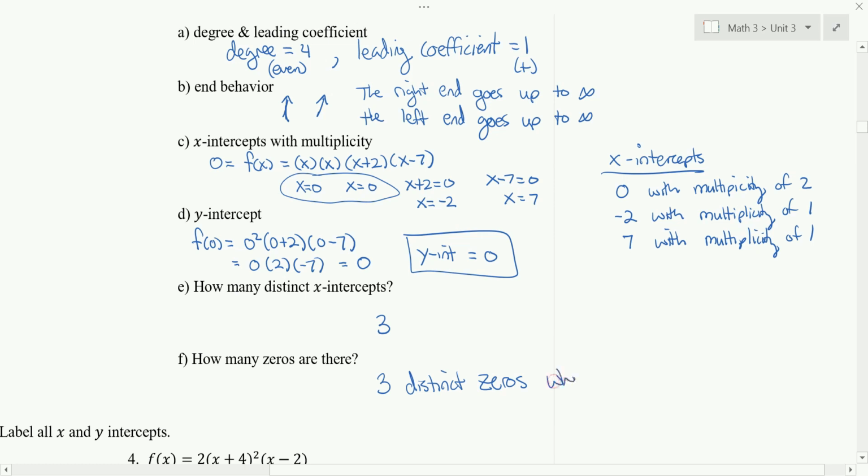Which are the x-intercepts. X-intercepts are always zeros of a function. If you plug the 7, the negative 2, or the 0 into that function, you'll get an answer of 0.